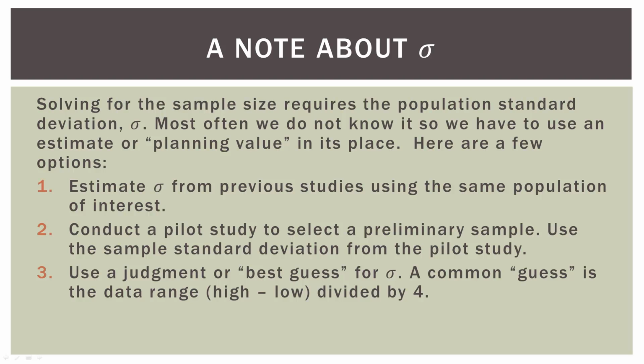Hopefully we have one of the first two before we go to this, but if all else fails, we can use this as our best guess. If you're writing a report or using it in a paper for school, I would just point out that this is what you're doing so your reader knows that, but hopefully it will not come to this.